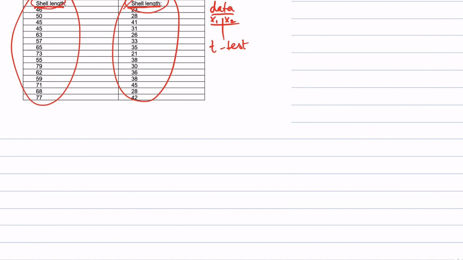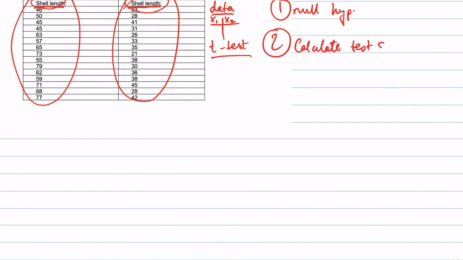Okay, so we've looked at the data, we've decided which test we want to do, and now we'll proceed to do the test. And remember, in my previous video, in the overview, I said that there were essentially 4 steps. First one is that we make a null hypothesis. The second is that we calculate the test statistic.